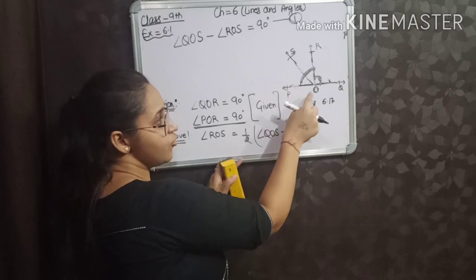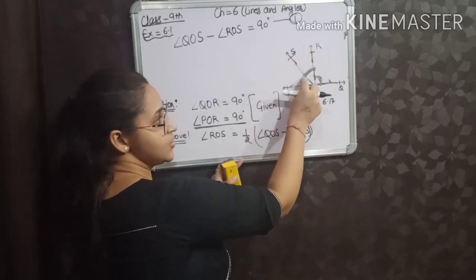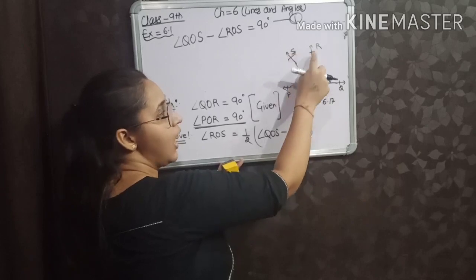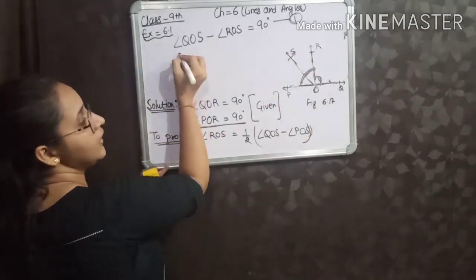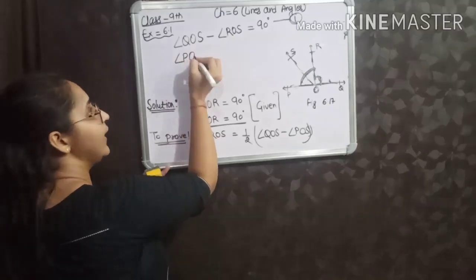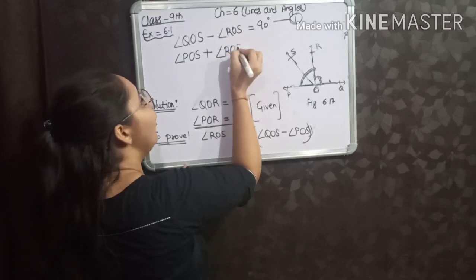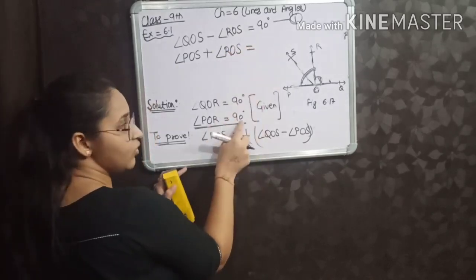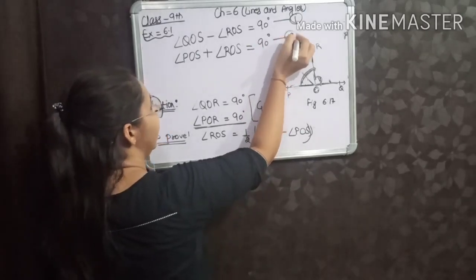So in place of POR, I can write angle POS, this part, plus angle ROS, this part, and this is equal to 90 degrees. That is given. So this is the second equation.